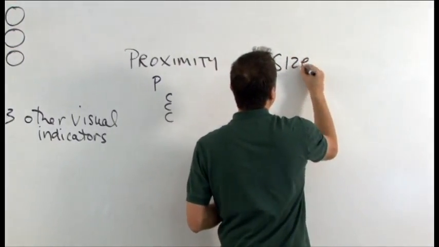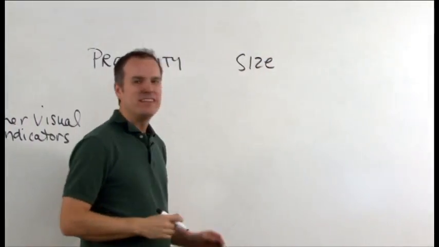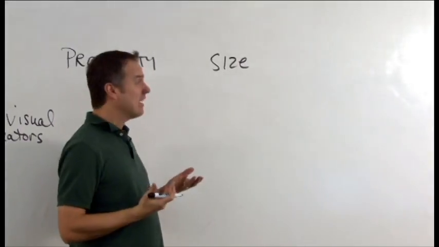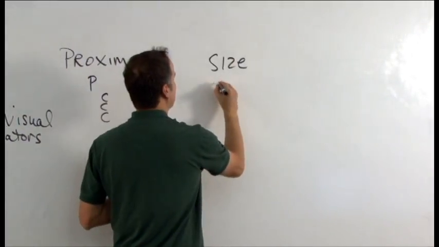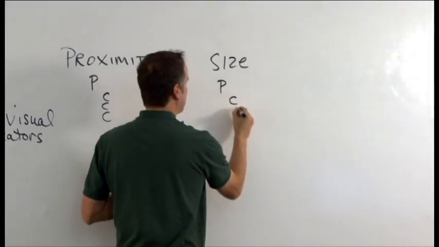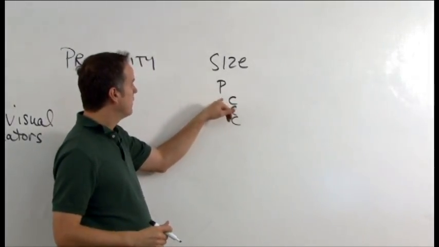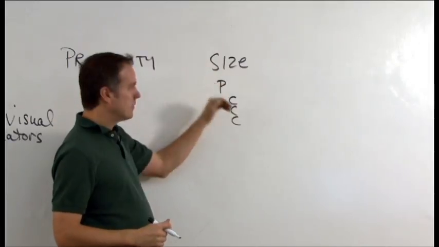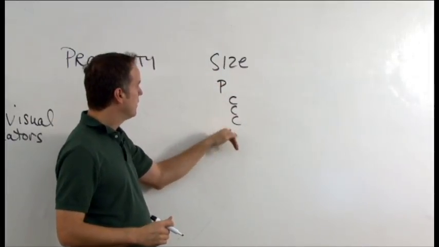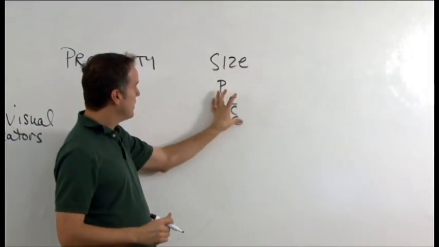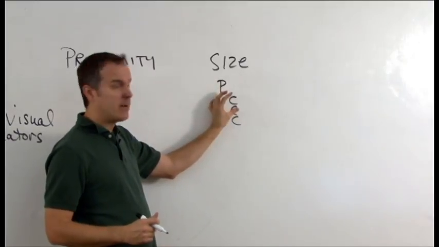A second visual cue that we can give people to create a sense of hierarchy is size. If we look at our same set of elements, we have a parent, top left, children, bottom right. We're using proximity to create a close sense of relationship in the hierarchy.